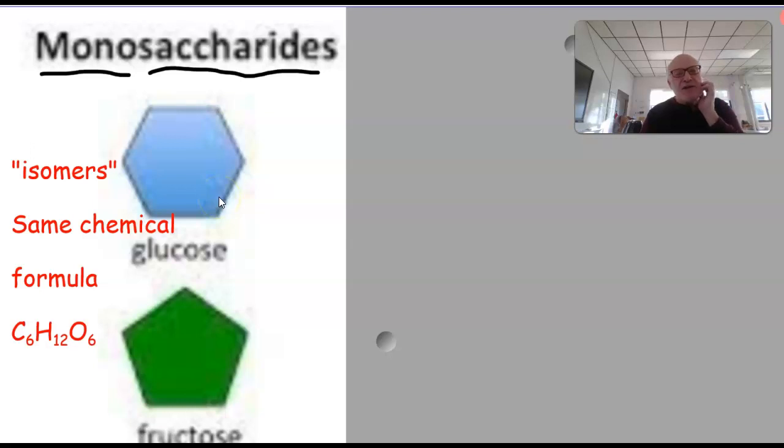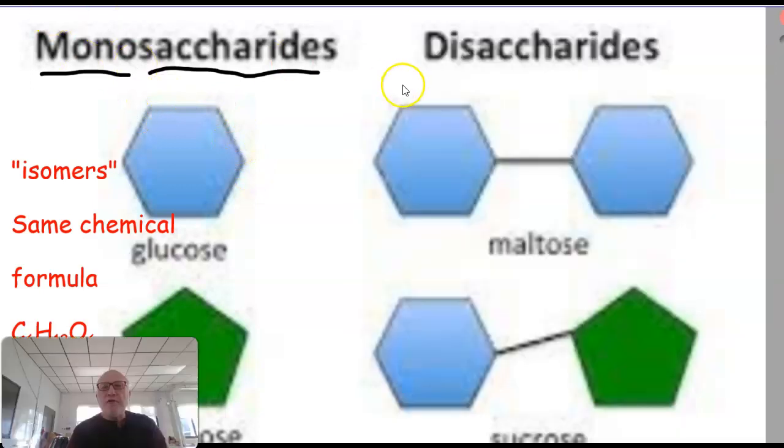Now, these can be strung together to make polymers, okay? But I want to show you an intermediate step that gets taken with each of these monomers. Right-hand side of the page, you see disaccharides. Okay, so di meaning double or two. So if glucose is connected to another glucose molecule, these two blue ones here, right?